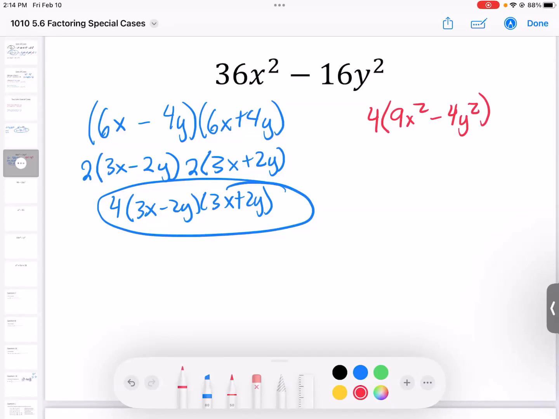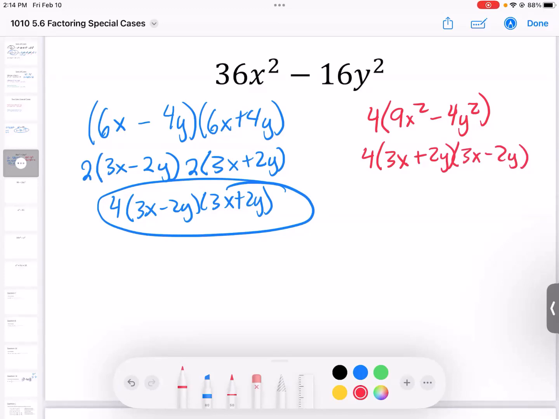And this can be factored further because it's a difference of squares. And you would get 4 times, if I take the square root of 9x squared, I get 3x. And then this one is 2y. So I get 3x plus 2y and 3x minus 2y when I do the difference of squares. And you can see you get the same answer either way.